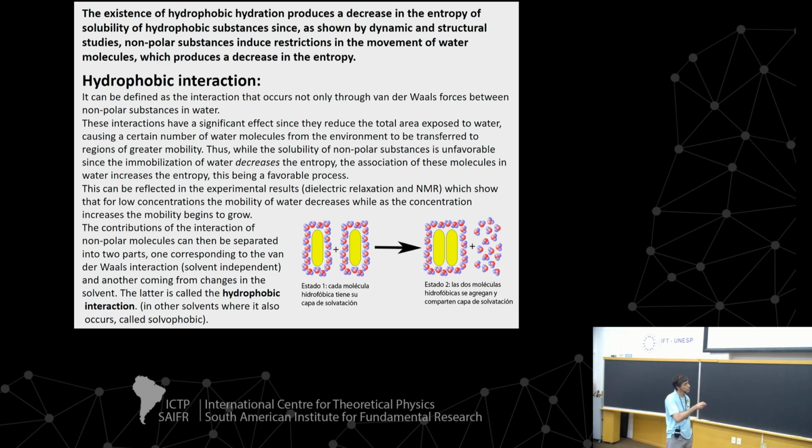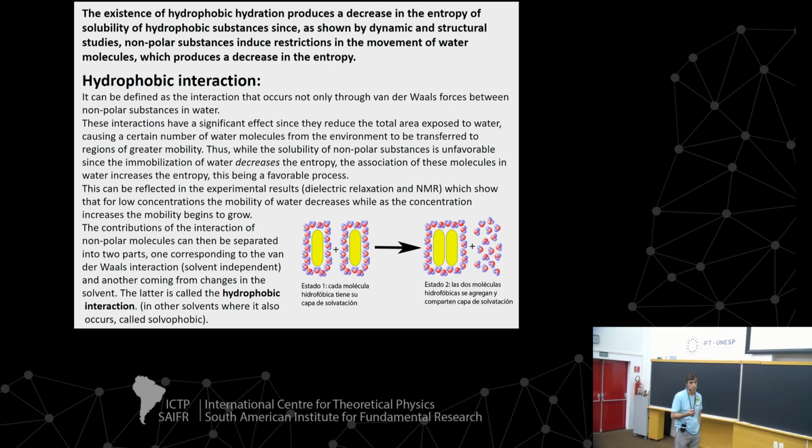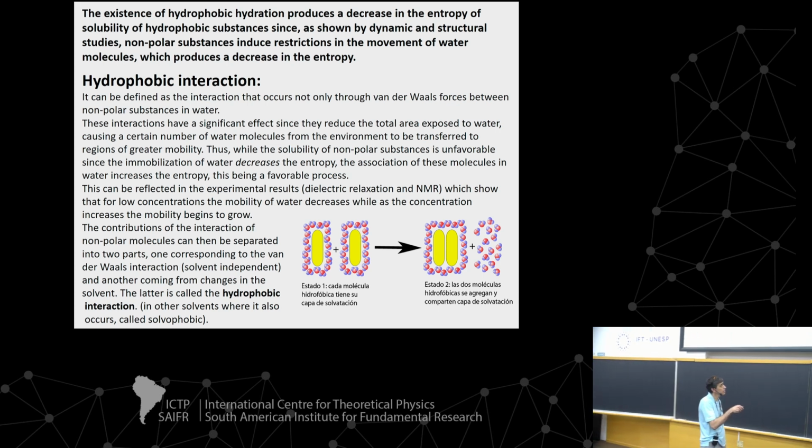You have here another surface. The perfect situation is to come together and release water molecules to the bulk. These water molecules are going to increase entropy since they can move more freely when they are in the bulk.